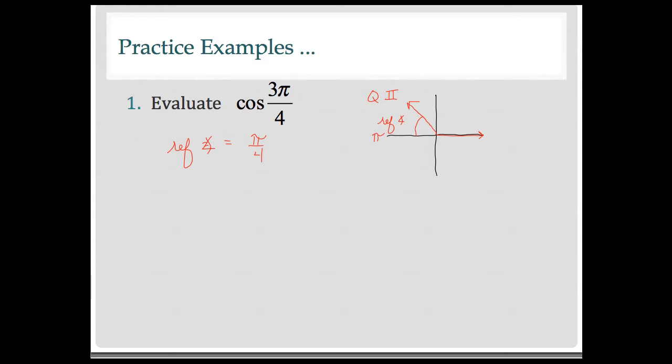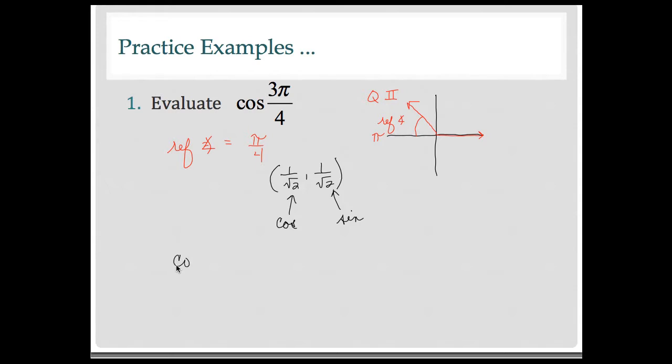Now you want to think next of the ordered pair associated with pi over 4 from the unit circle. So remember, that ordered pair is 1 over square root of 2, 1 over square root of 2. Considering that it is a unit circle, remember our x values always are cosine, our y values the sine.